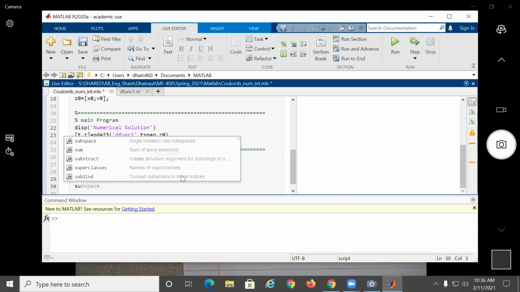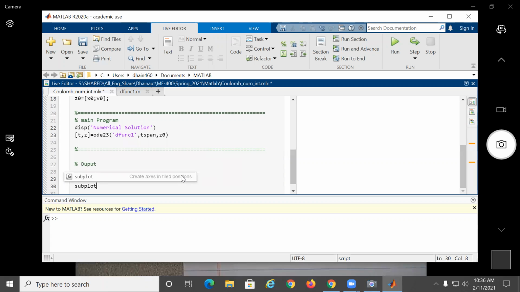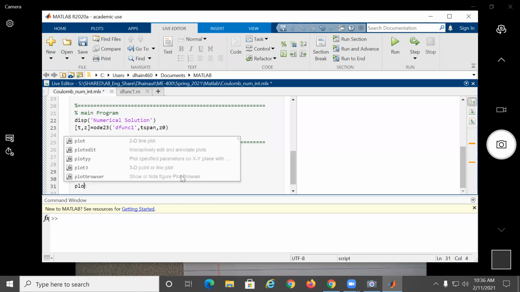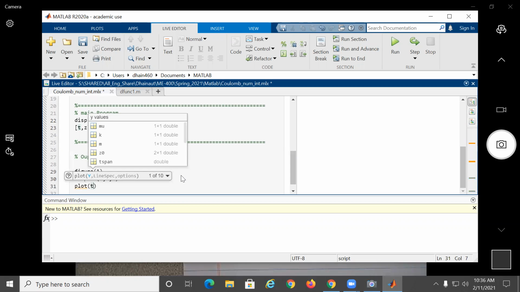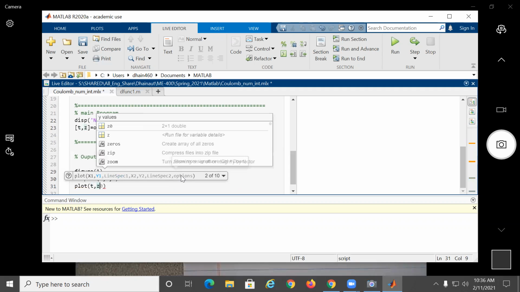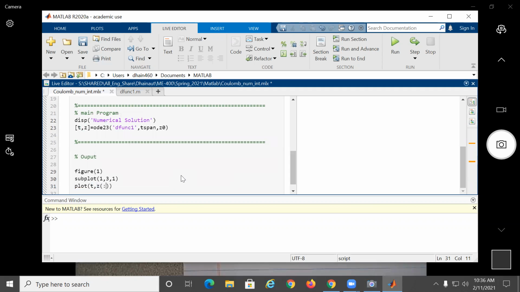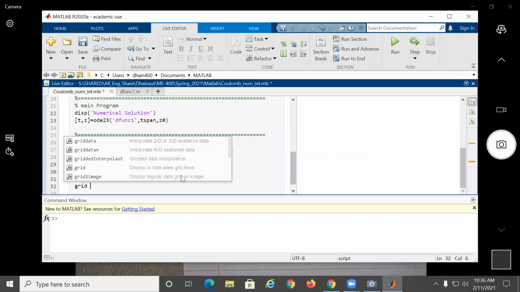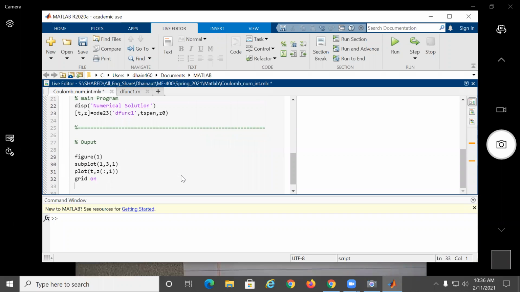So I have to subplot 1, 3, 1. And on the subplot 1, 3, 1, I do plot the time with the solution that is Z of the first column. And let's see what would that give us. And let's say grid on. All right.